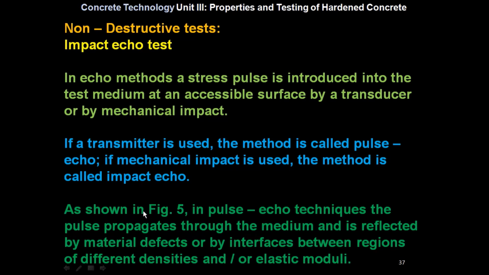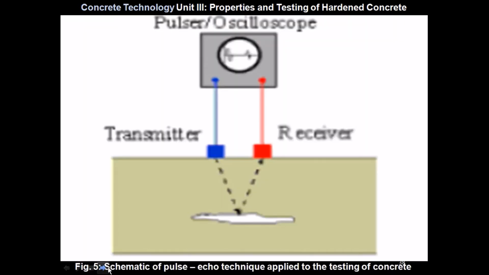As shown in figure 5, in pulse echo techniques, the pulse propagates through the medium and is reflected by material defects or by interfaces between regions of different densities and or elastic moduli. So here we can see figure 5, schematic of pulse echo technique applied to the testing of concrete.